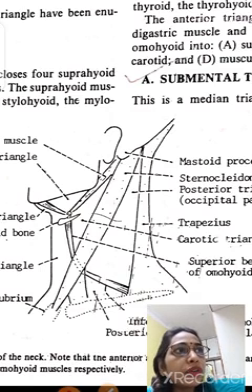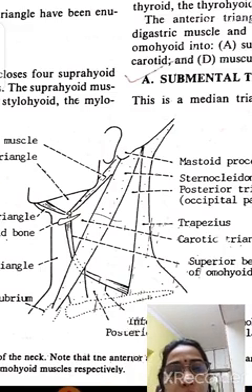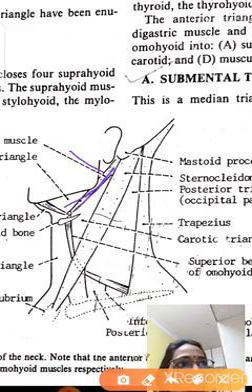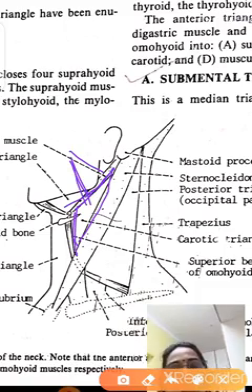The boundaries of the carotid triangle are superiorly the posterior belly of the digastric muscle and stylohyoid, antero-inferiorly the superior belly of omohyoid, and posteriorly the anterior border of the sternocleidomastoid. So this is your carotid triangle.